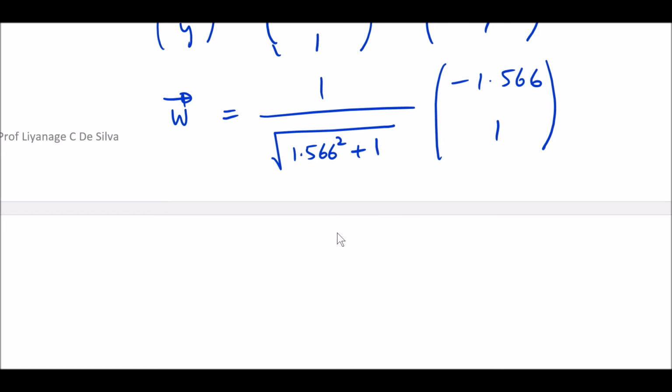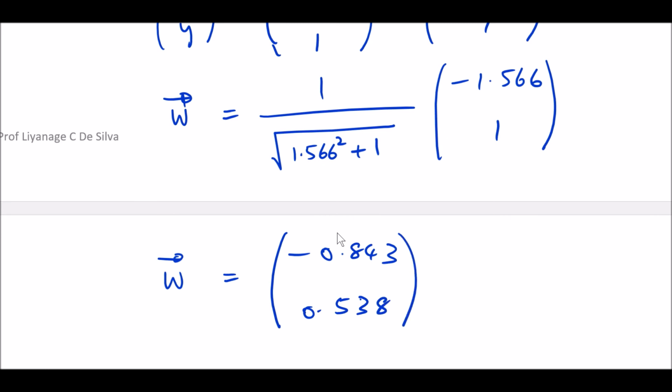So the unit vector, when you calculate w, can be found to be equal to minus 0.843, 0.538. Wow, that is our linear discriminant direction.